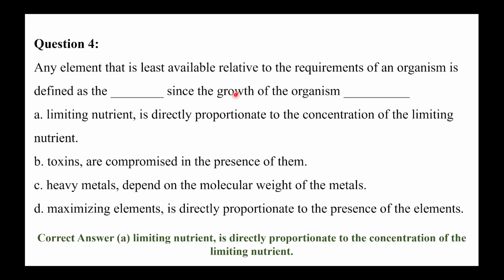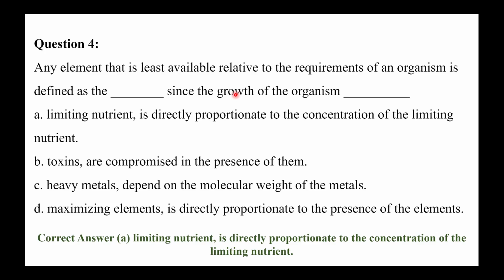So naturally, since B is less, it will get over first. Once it gets over, the bacteria is not gonna grow anymore because it cannot consume A, C, and D alone. It needs B. So if it needs B and B is already over, the growth will also be limited.